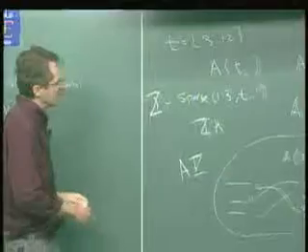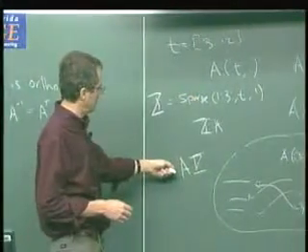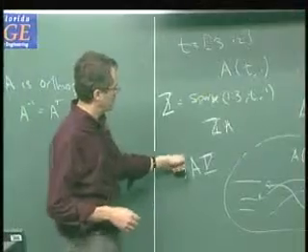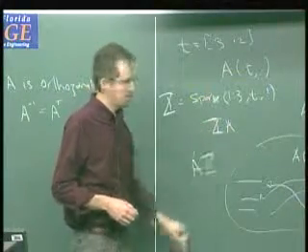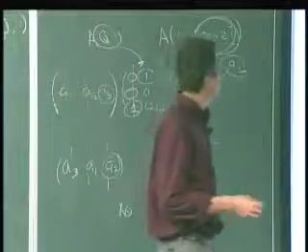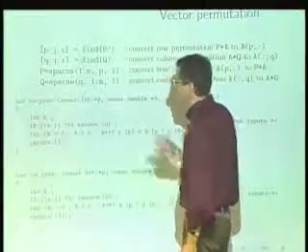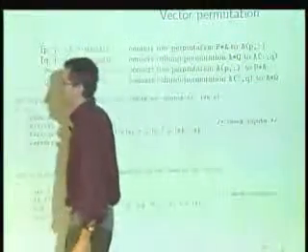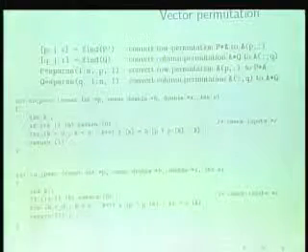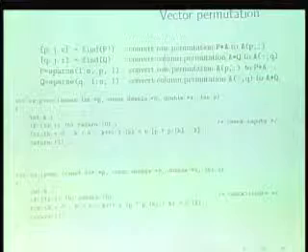Okay, if I want to permute the columns of A in the same manner that I permute the rows, I need Z transpose here, which I haven't shown up here, but okay, so that's how matrix permutations happen.